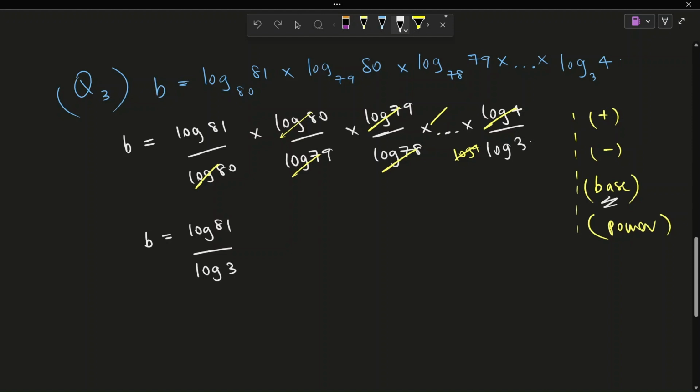Now 81's a big number, right? So we'll have to simplify it. But to simplify it, let's find it with a number that's to the power of 3. So we know that 3 to the power 3 is 9, 9 to the power 3 is 27, and 27 to the power 3 is 81.